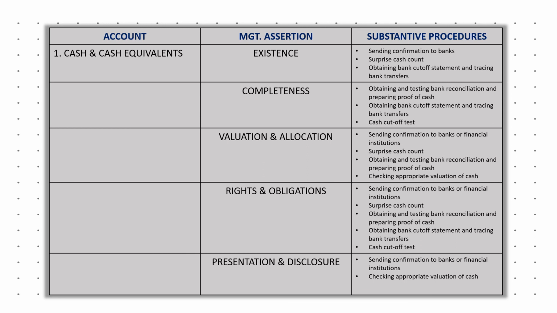So the next assertion is the completeness. So the procedure is the obtaining and testing bank reconciliation and preparing proof of cash if appropriate. Also may bank cut off which is, as you can observe, nahi-hit niya yung completeness, nahi-hit niya rin yung existence.